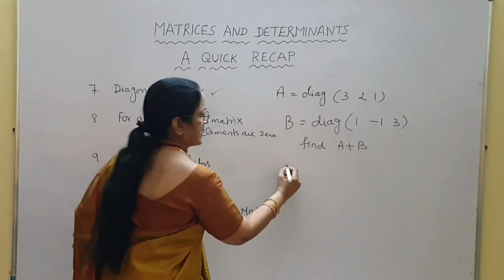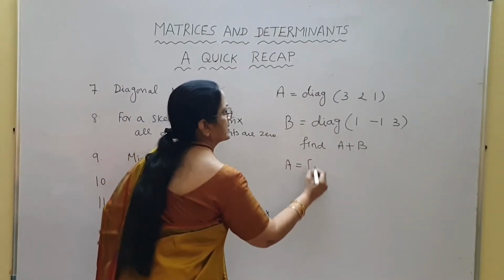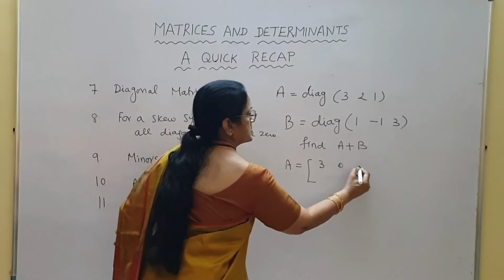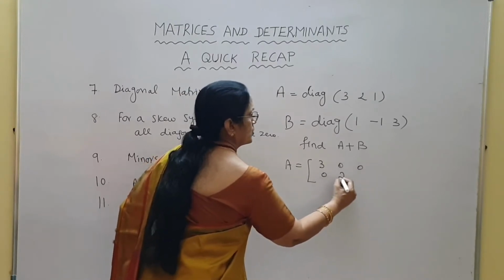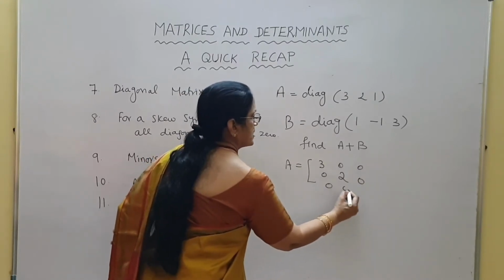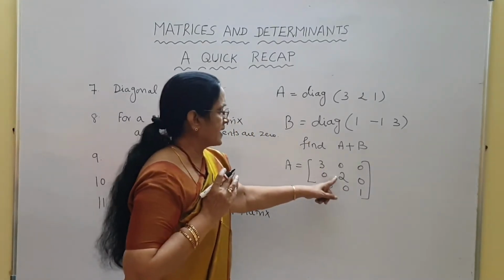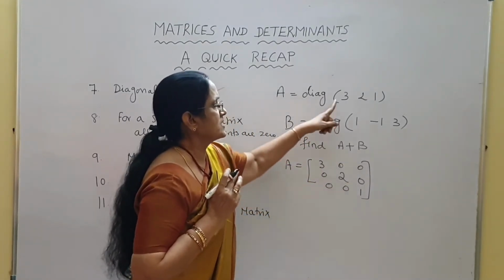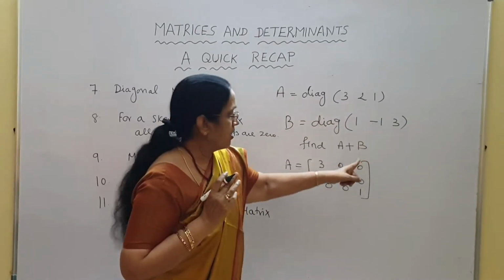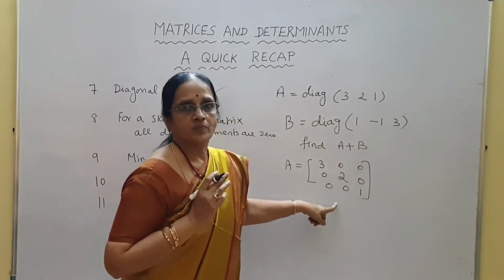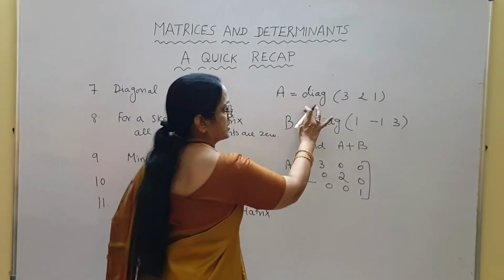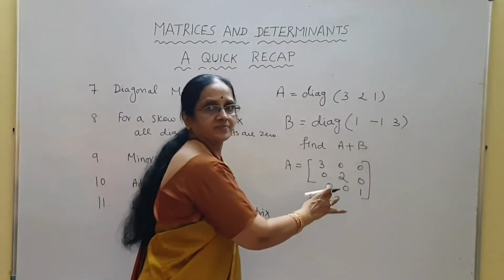See, this matrix A is nothing but 3, 0, 0, 0, 2, 0, 0, 0, 1. That is, all the main diagonal elements 3, 2, 1, that is what is given here. All other elements are 0. This notation you have to remember.